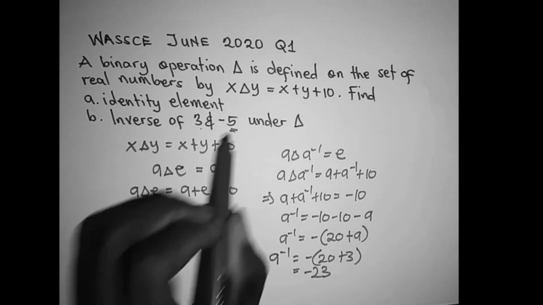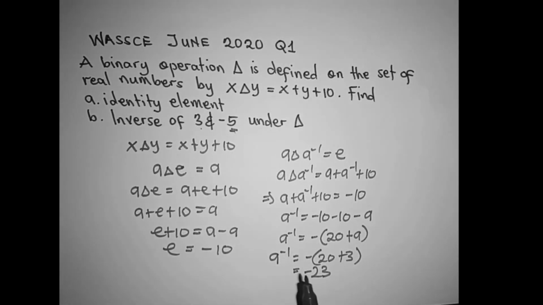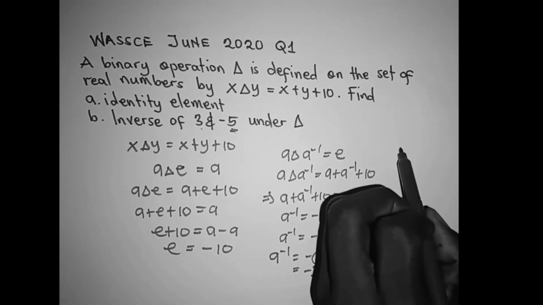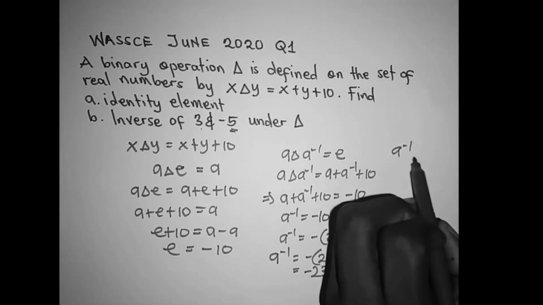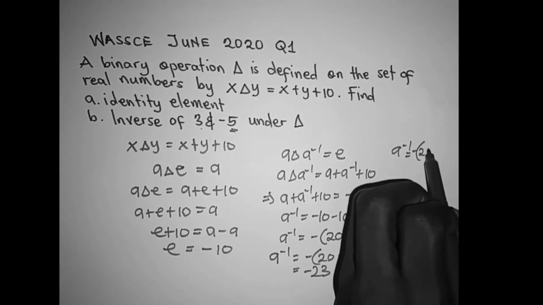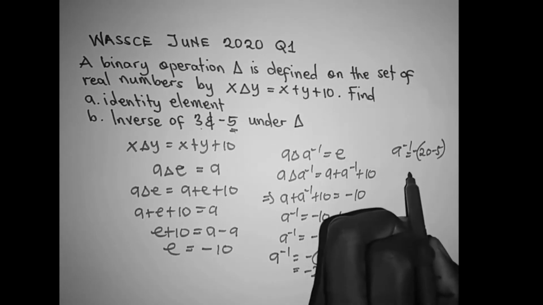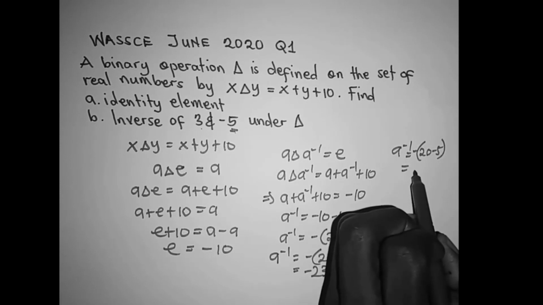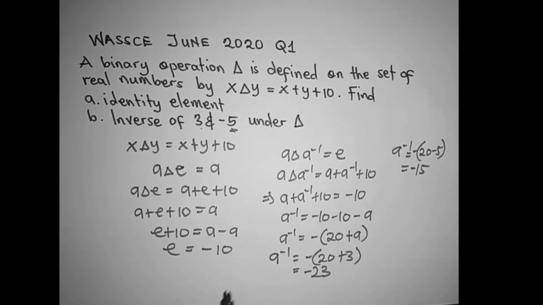Then for minus 5, we then put A equals minus 5. So A inverse equals minus into bracket 20 minus 5. And this is equal to minus 15. So the inverse of 3 and minus 5 under the operation is minus 23 and minus 15 respectively.